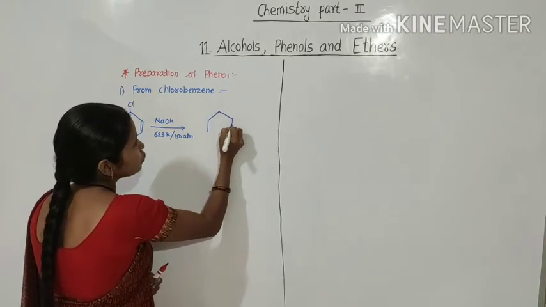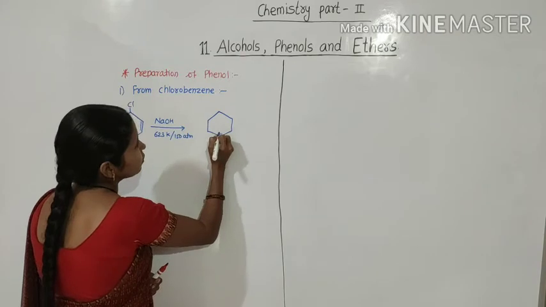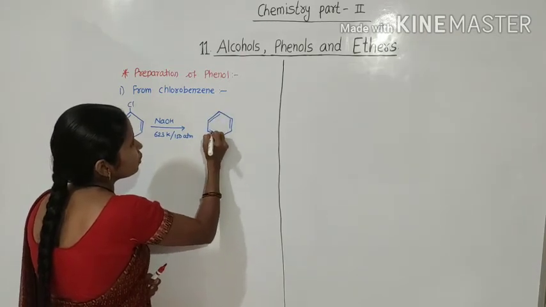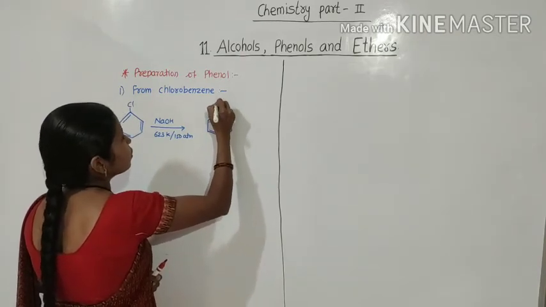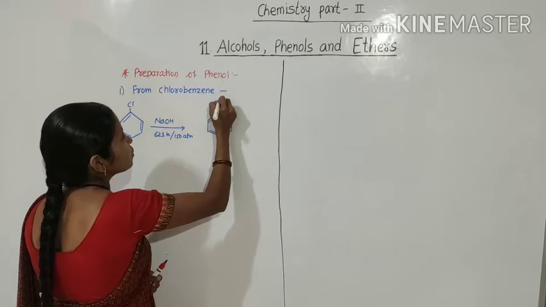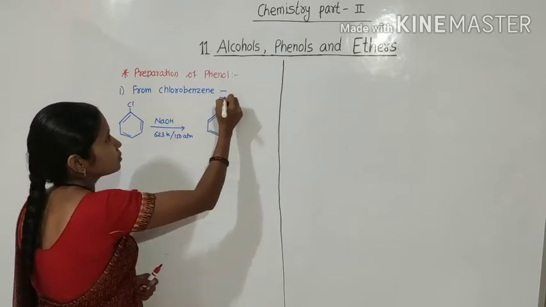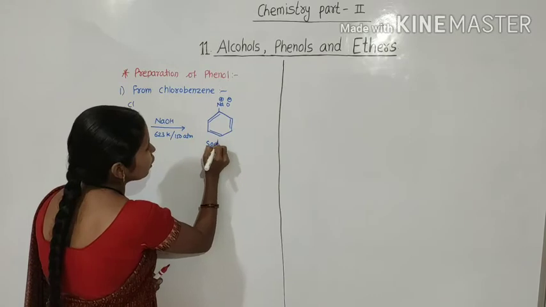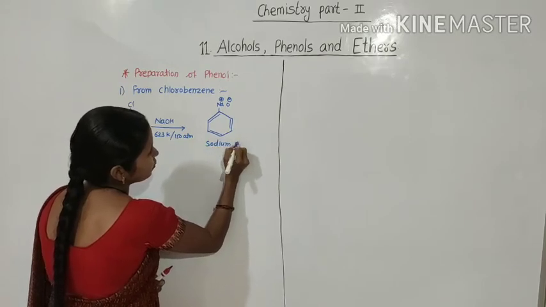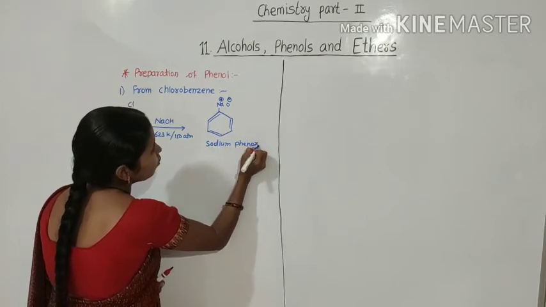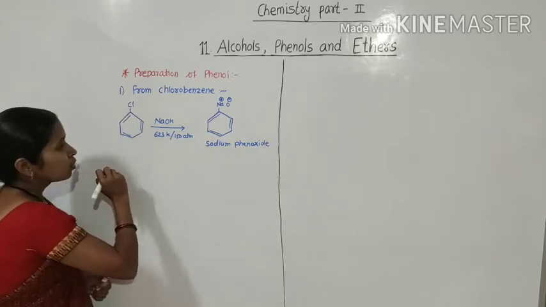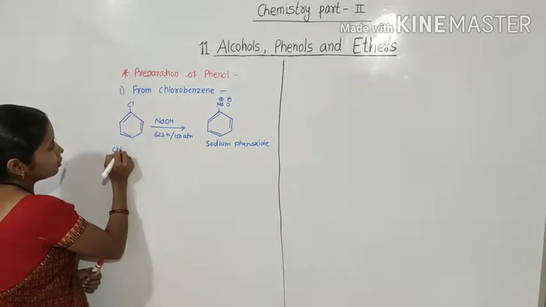Let's see sodium phenoxide, Na plus O minus. This is sodium phenoxide obtained from chlorobenzene.